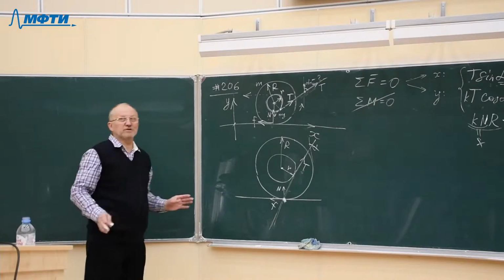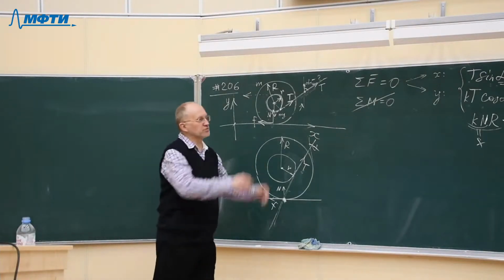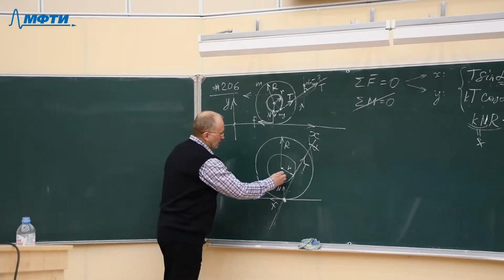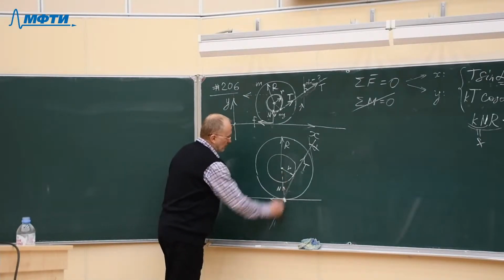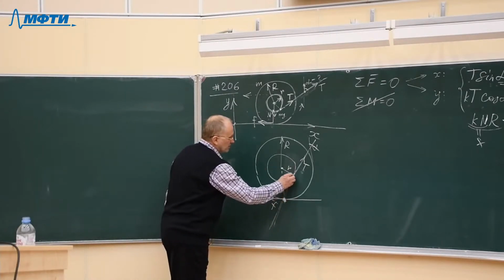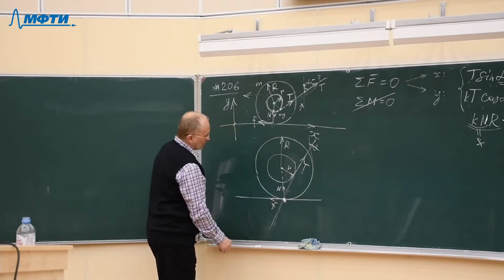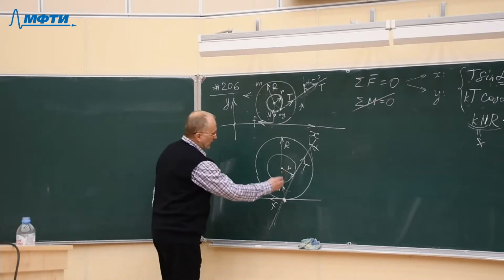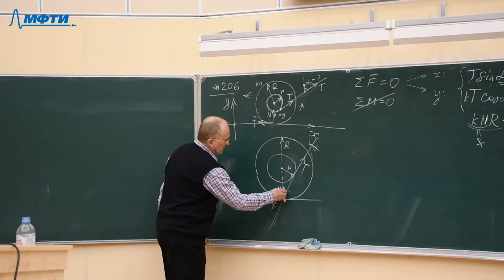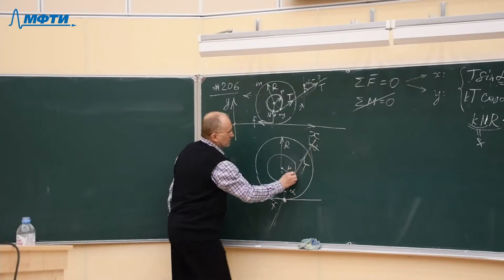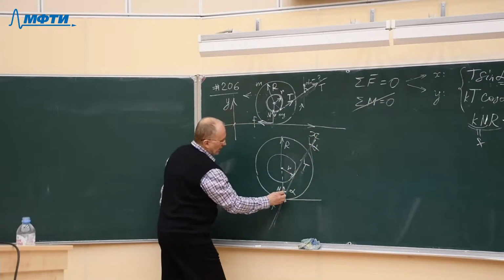The equations are correct, but you need some algebra to solve these equations. And the solution of this problem turns out to be much more simple. So from this right triangle, this angle is right, we can immediately find angle alpha. That is the angle alpha between the line along which the string is pulled and the vertical direction.